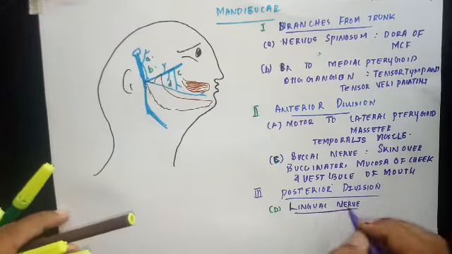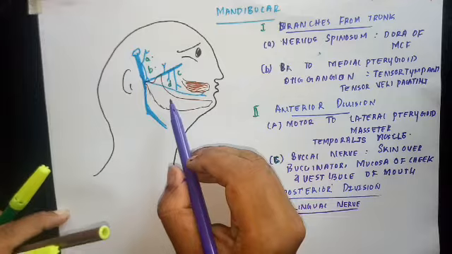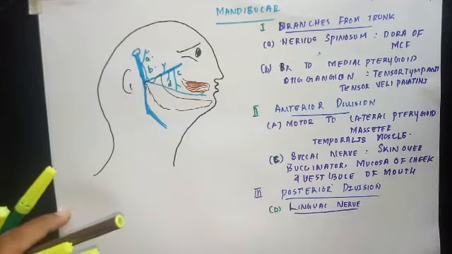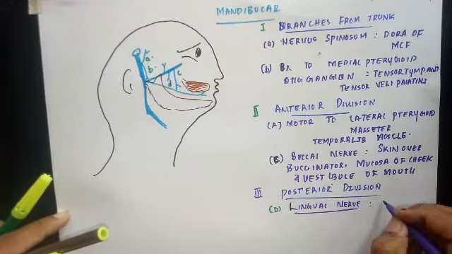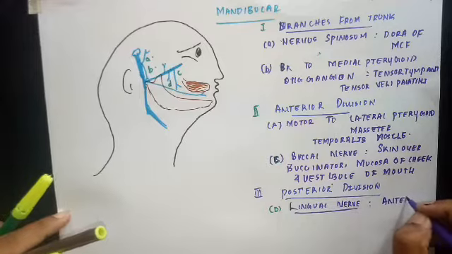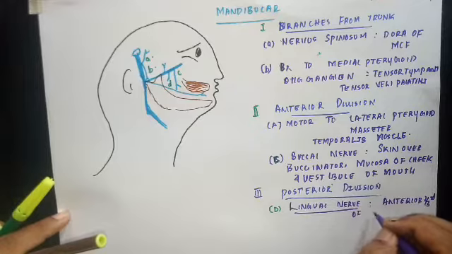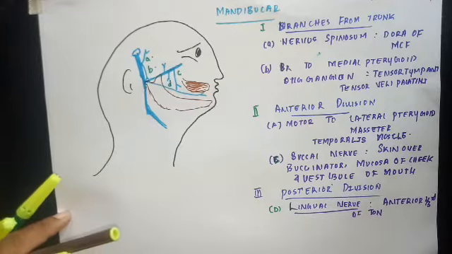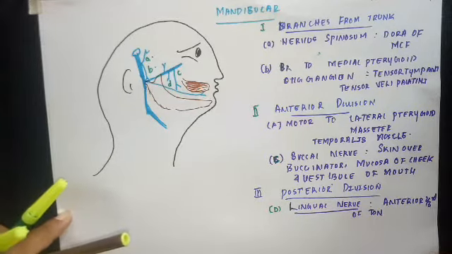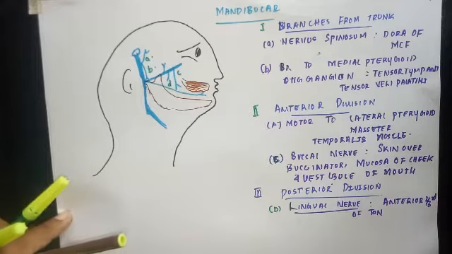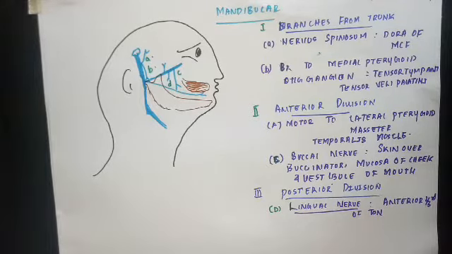It passes underneath the tongue and is joined by the chorda tympani nerve, a branch of the facial nerve, and it carries sensations from the anterior two-thirds of tongue. It joins with the chorda tympani, hence it supplies secretomotor fibers to the submandibular salivary gland.